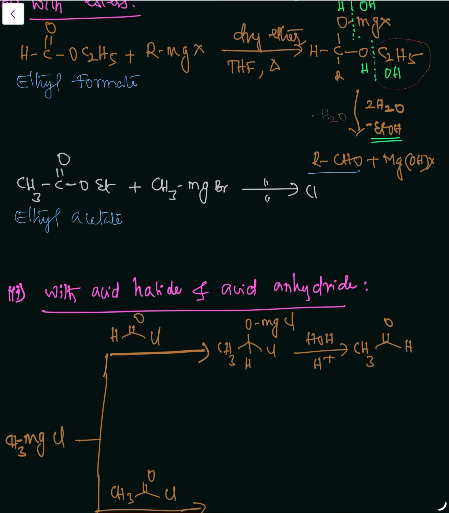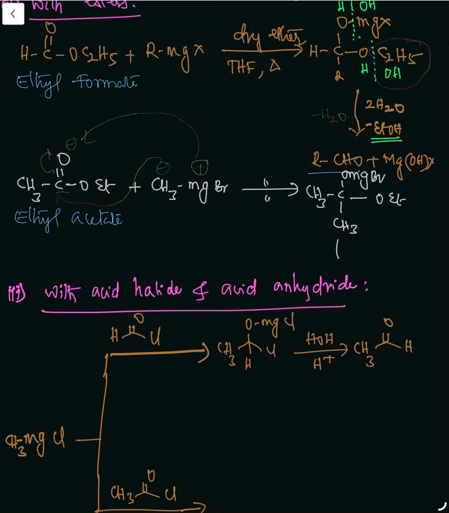Then the compound formed is CH3C. We know how this will attack the carbon. Minus, this is plus, it will attack the carbonyl carbon. This bond is shifted to oxygen, it will get a negative charge. Mg attacks on this group. Then the compound formed is OMgBr, and here CH3, and this side OEt is there.